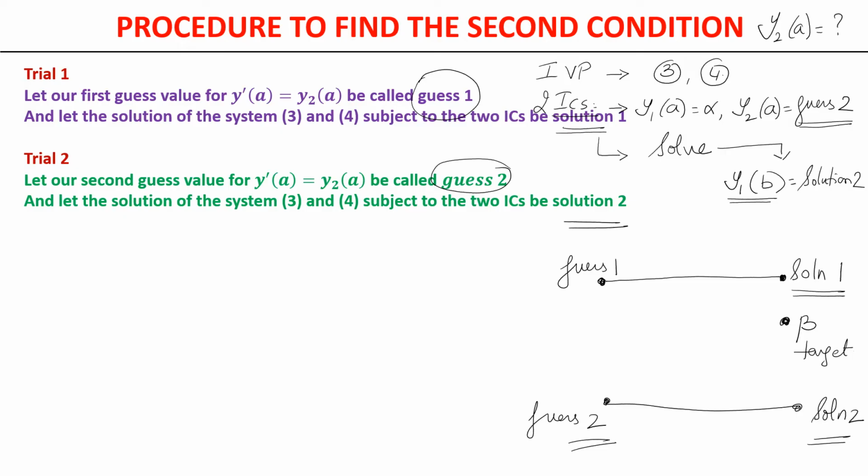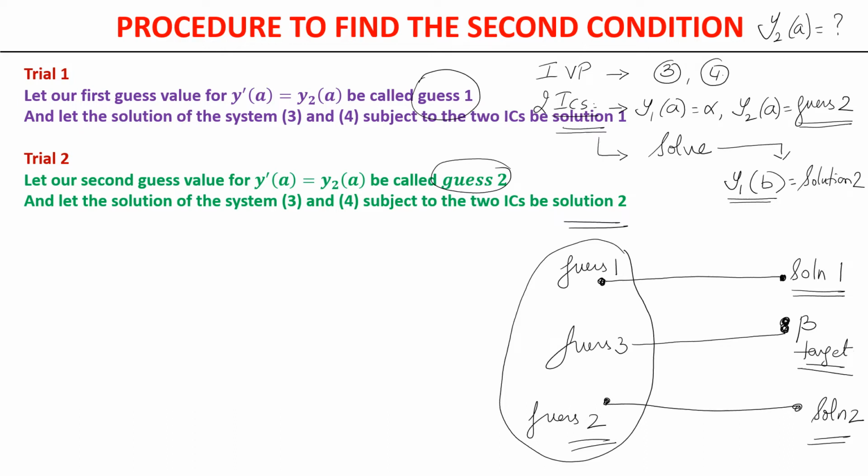So our guess would be that if we interpolate linearly and take a value somewhere here called guess 3 and then solve the problem, we will arrive at the result that we want, which is our beta. And that is where we are targeting. So this guess 3 can be determined knowing guess 1, guess 2, solution 1, solution 2.